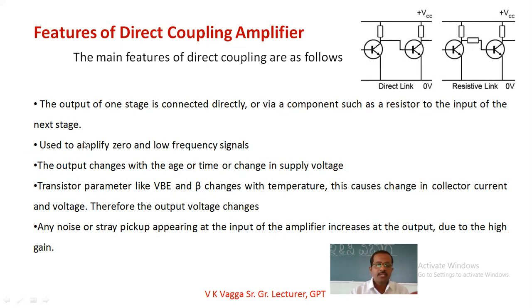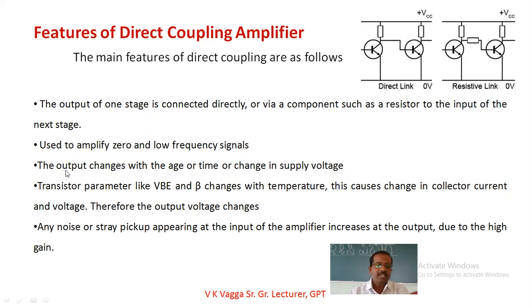A direct coupling amplifier is usually used to amplify zero or low frequency signals, mainly the DC signal. If the frequency is equal to 0, it is called a DC signal. So it is used to amplify the DC signal or low frequency signals.